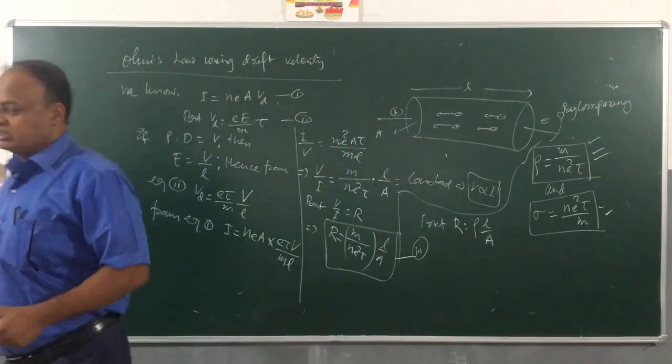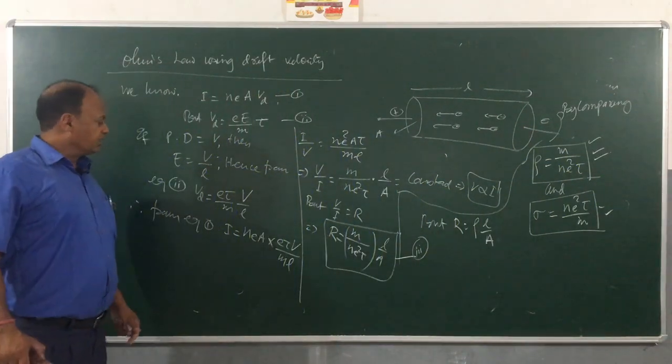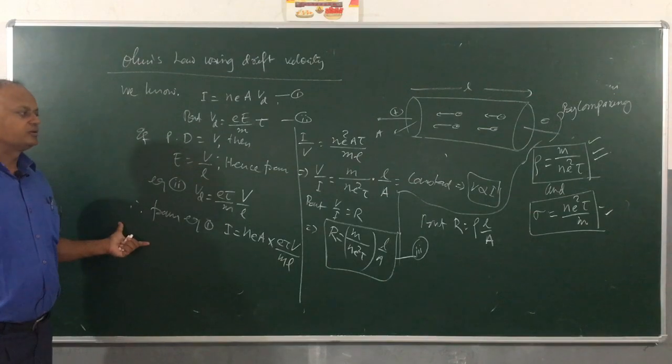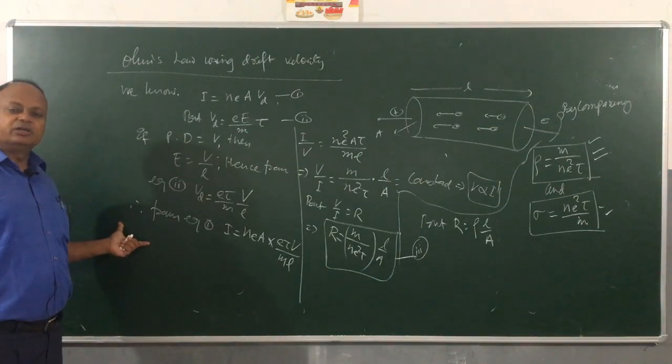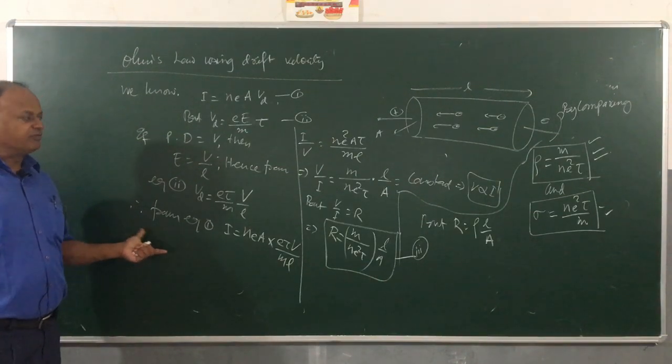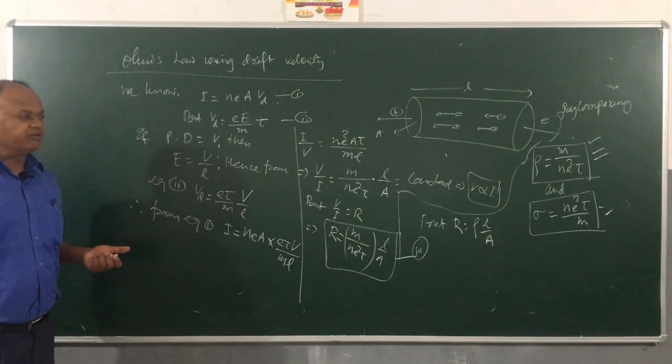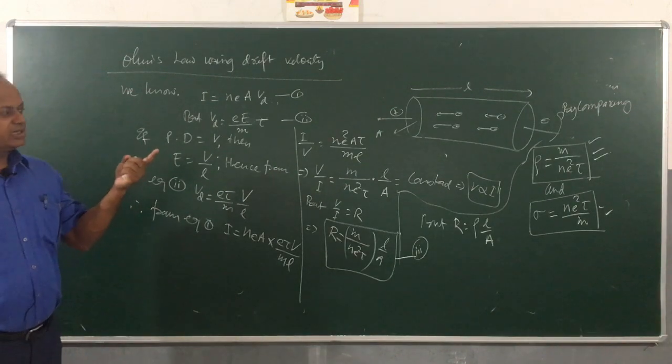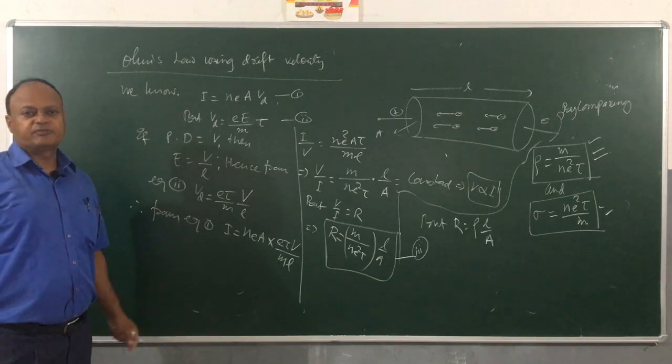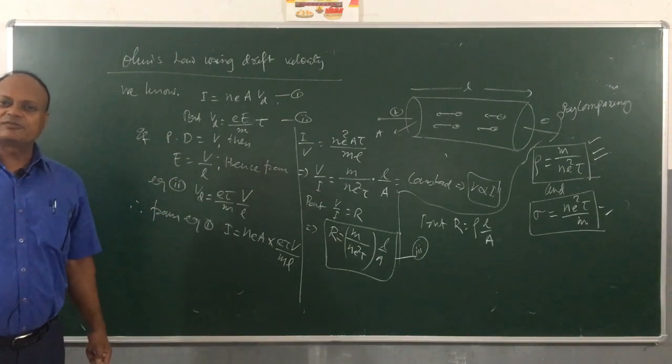So, using drift velocity, we have been able to show that if temperature remains constant, then V by I will also be a constant, and we can easily calculate the values of resistivity and also conductivity in terms of electron density, mass of electron and charge of electron.